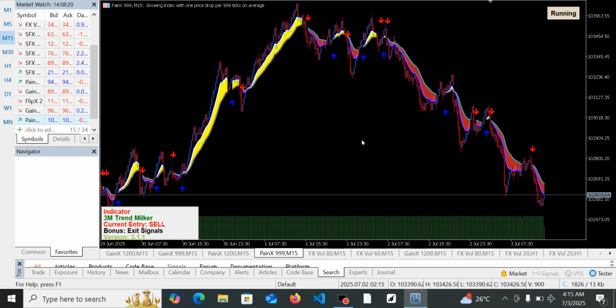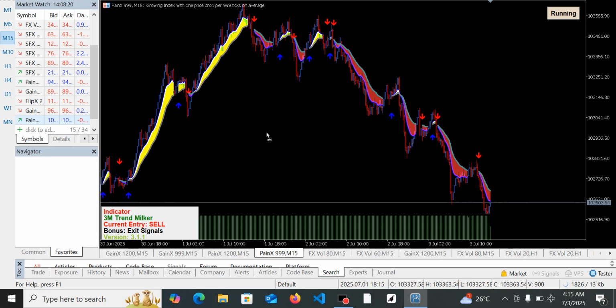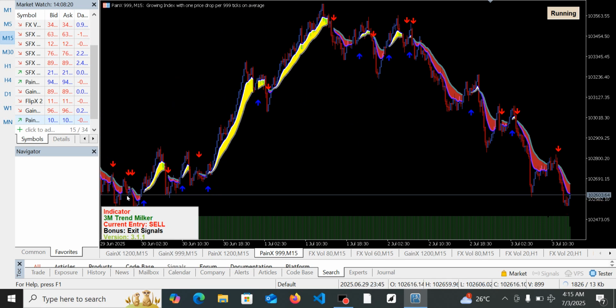Okay, I will be going straight into what we have right here. First of all, this is 15 minutes time frame, and of course, we should notice that right from this support zone, this actually went on uptrend till it got to the resistance zone, and that is why we are having this yellow color showing. Okay, the yellow color is from my custom made indicator. It is just a way to let me know that the market is on uptrend at that particular point.